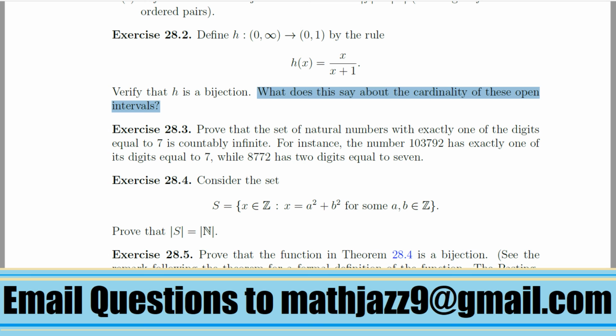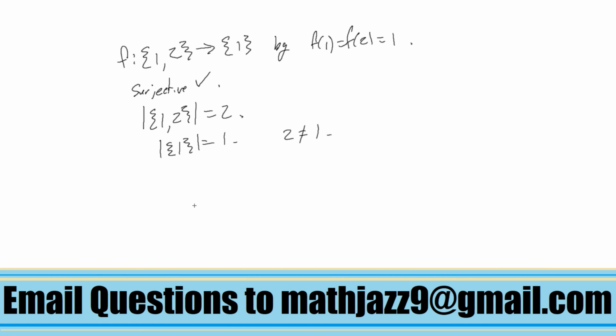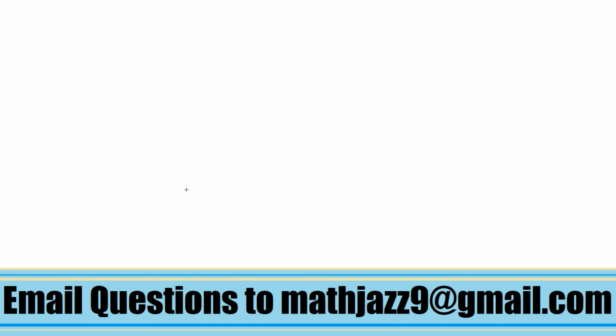So we're going to prove that we have a bijection. Okay, so our bijection, we claim f of x equals x over x plus 1 is a bijection from 0 to infinity to 0 to 1.